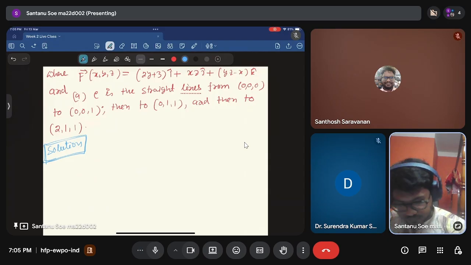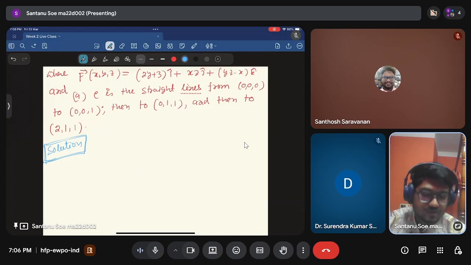Correct? Before solving this question, I just want to write some basic things. If F is conservative, then this integration is independent of the path, and we can write the line integration in terms of the potential function.